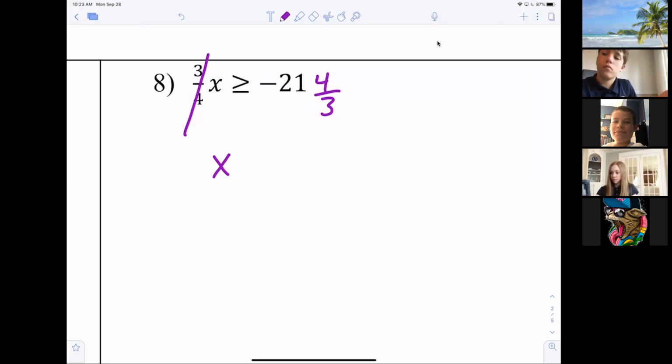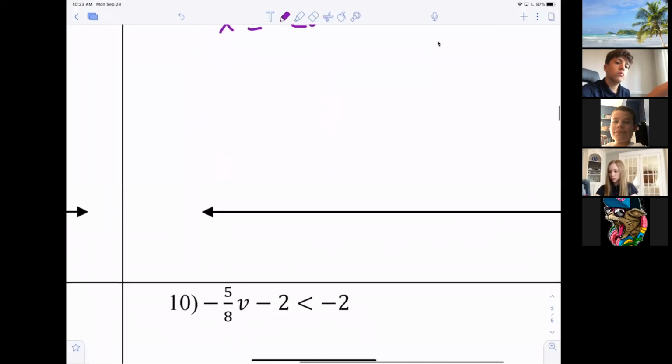No, I don't change the sign because I multiplied by a positive. All right, so what is 21 divided by 3? Times 4. Yes, so greater than or equal to negative 28. That's how simple. Greater than or equal to negative 28.